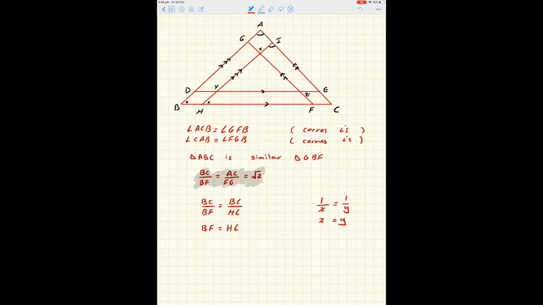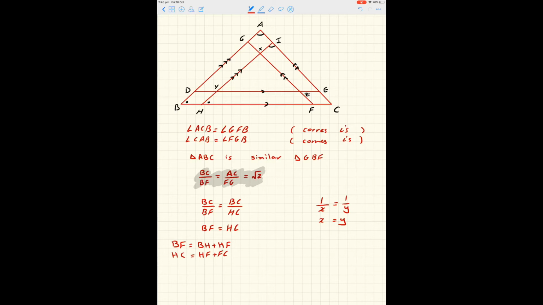Now, what is BF? Okay, let's look at this carefully. In actual fact, BF is BH plus HF, and HC is HF plus FC. Now, BF and HC are equal to each other. So we can say that BH plus HF is equal to HF plus FC.